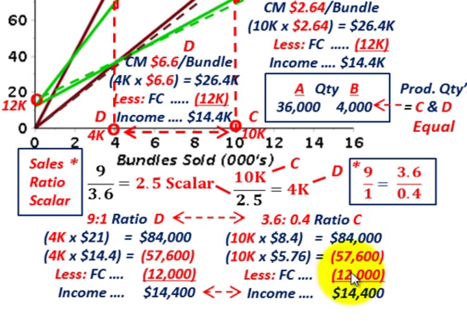Less our fixed cost of 12,000 gives us income of 14,400. So you can see our sales are based on our ratios by making that conversion from 4,000 on a 9 to 1 ratio to the 10,000 at 3.6 to 4.0. You're going to come up with the same incomes and so forth, just to understand that relationship.